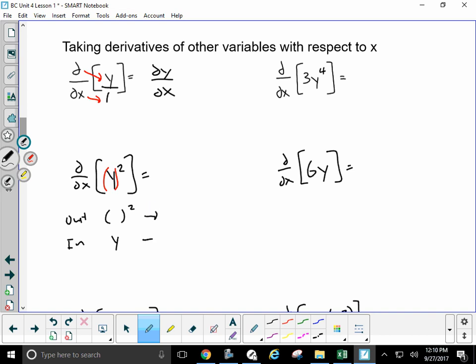Well, if I took the derivatives of those with respect to x, we say that the derivative of this outside is 2, stuff to the first power, and the derivative of the inside, well, I just talked about the derivative of y was dy dx. So I'm going to put dy dx. Remember, when we're taking the derivative of a chain, we'd multiply these two together. So I'd end up with 2y dy dx.